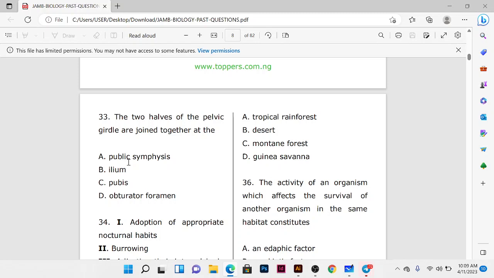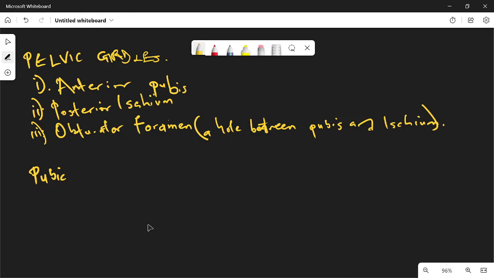The hind limb, the head of the hind limb, like I was trying to write here, I said the pubic symphysis.